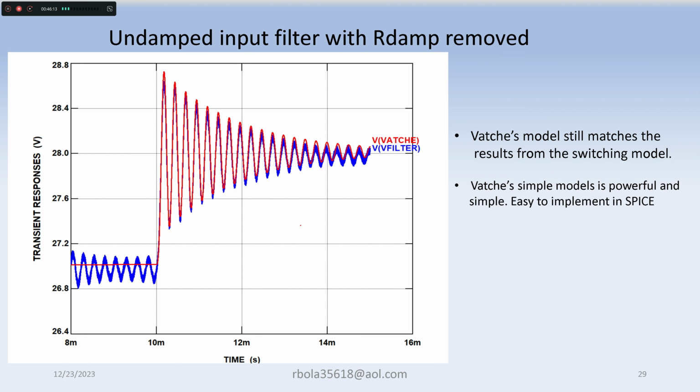Then I did a dirt simulation. I went ahead and removed R damp, and again you can see that you get pretty good results, and that it matches. It shows that you have quite a bit of ringing, and typically the number of ringings that you have tells you the Q that you have.